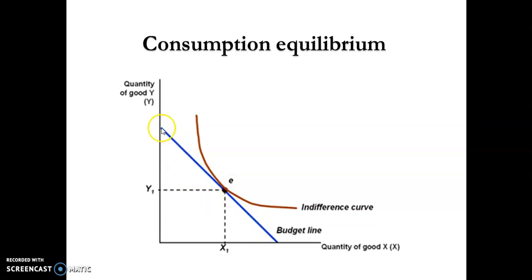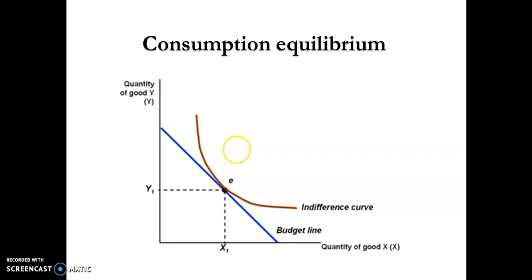The vertical intercept over here represents an instance where the consumer could spend the entire income only on good Y. So that vertical intercept would indicate some quantity of good Y where the full income is spent on just that good, but nothing of good X. And the horizontal intercept over here reflects a scenario where all income is spent on good X.